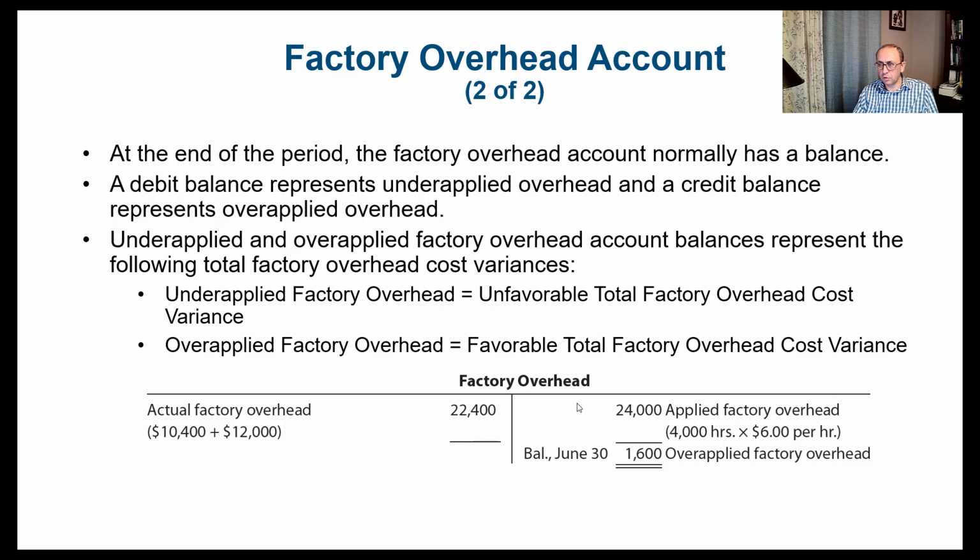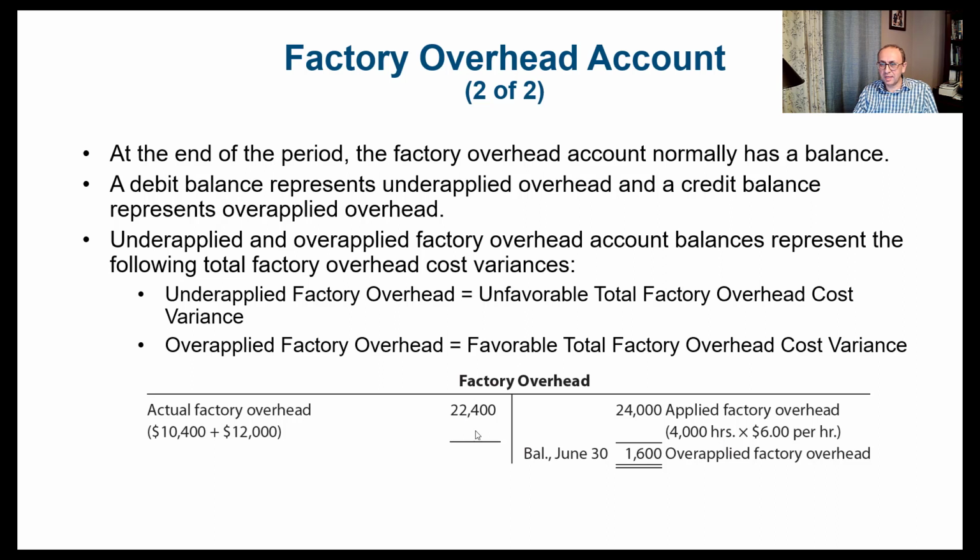Applied factory overhead is always recorded on the credit side, so we have the 24,000. That's 4,000 hours, which are the actual hours, multiplied by the $6 per hour, and that turned out to be 24,000. But the actual factory overhead turned out to be 22,400, which is 10,400 variable plus the 12,000 fixed.